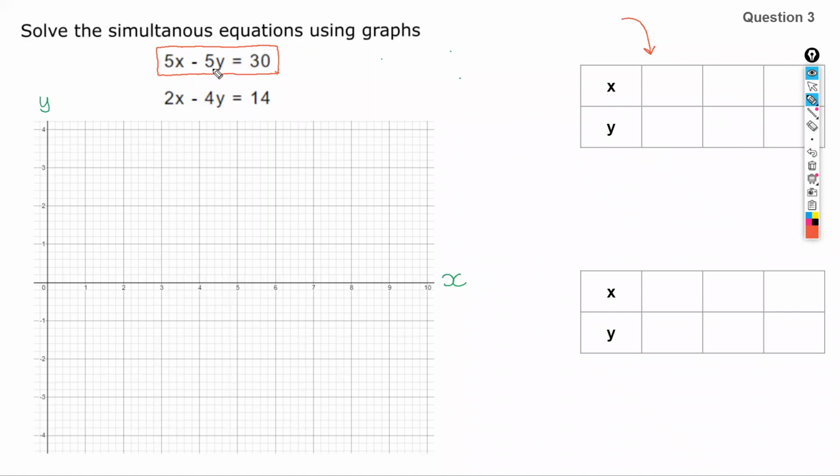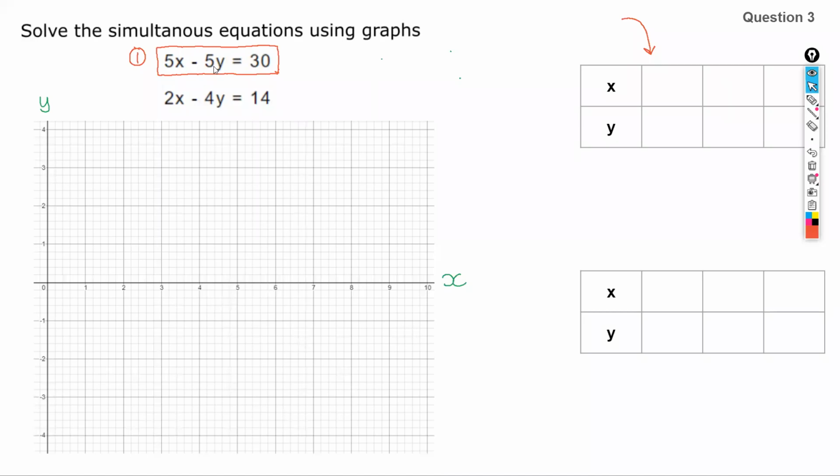For the first graph, before we even try to draw it, remember, we need to make who the subject? Y. I'll call the first one equation 1. Do you all think you can at least make Y the subject and then determine whether it's a straight line or a curve that we're going to get for the first equation?